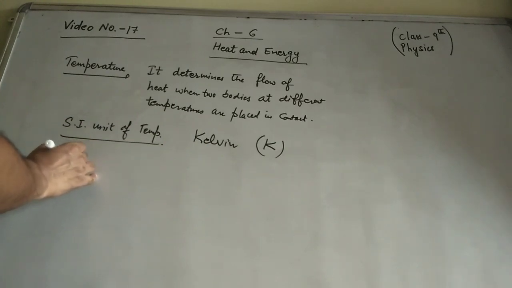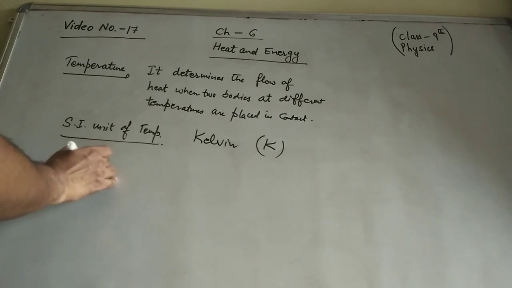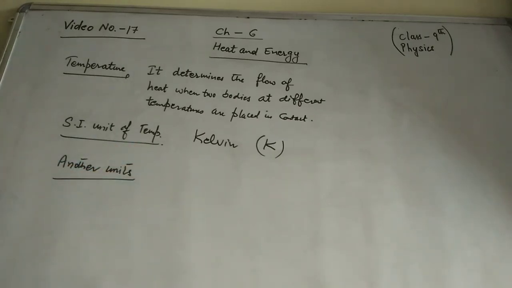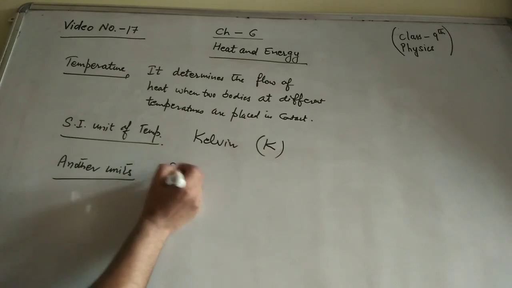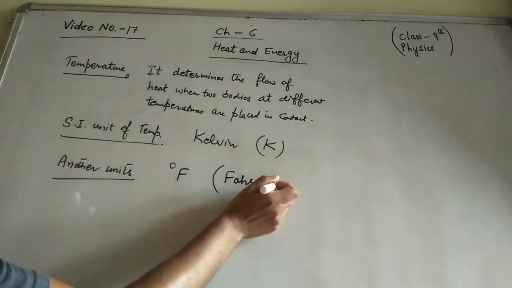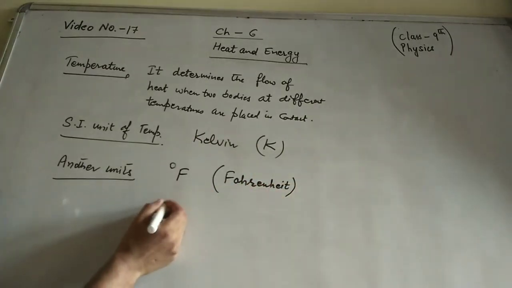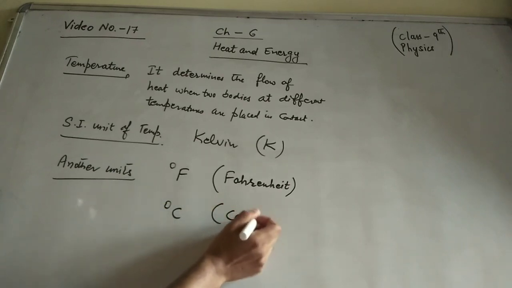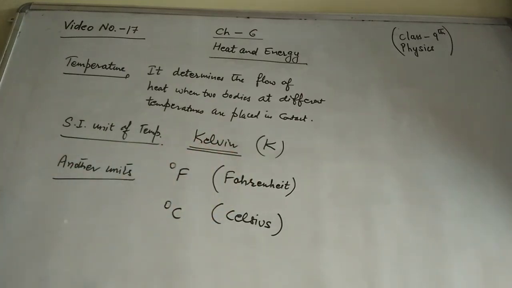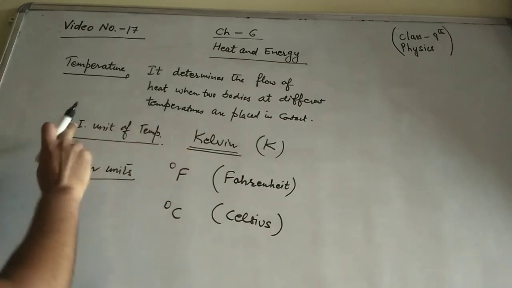There are other units to measure temperature, that is degree Fahrenheit and degree Celsius. So these are the other two scales. The Kelvin scale is also known as the scientific scale. The SI unit of temperature is Kelvin, and the scientific scale is also Kelvin.